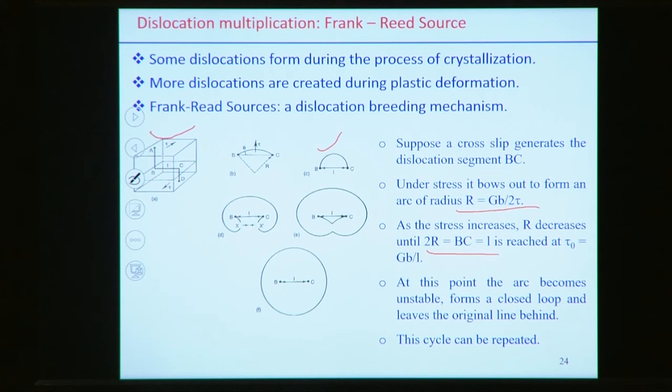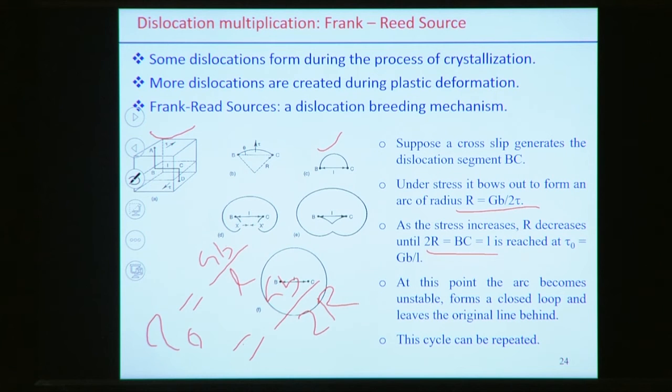When it takes the semicircular form, then the shear stress is equal to G b by L, that is, G b by L equal to 2R exactly when it takes the semicircular form.